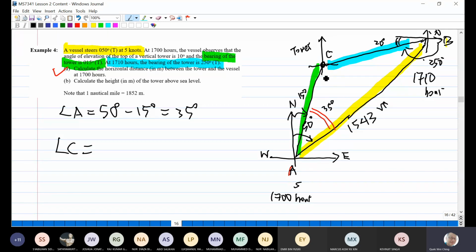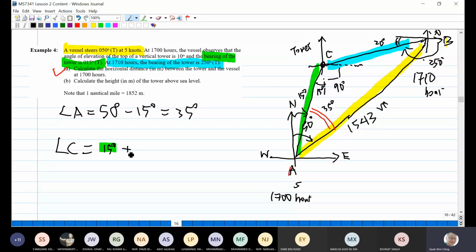Angle C, you need to draw this here. Okay, angle C, you have 15 here. So for angle C, I use a green color here. Okay, 15 here, based on the green one. 15 here. And then this is 90.